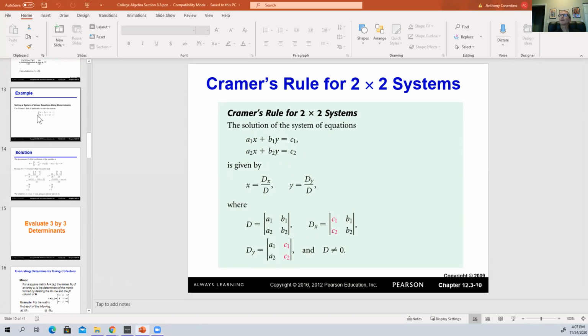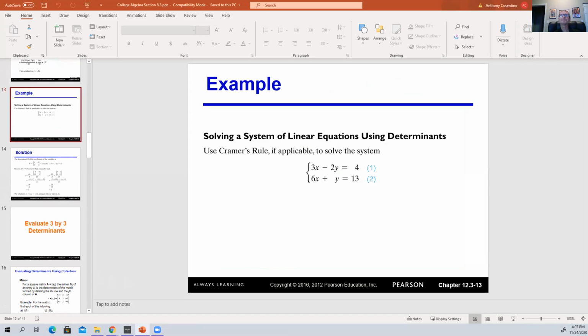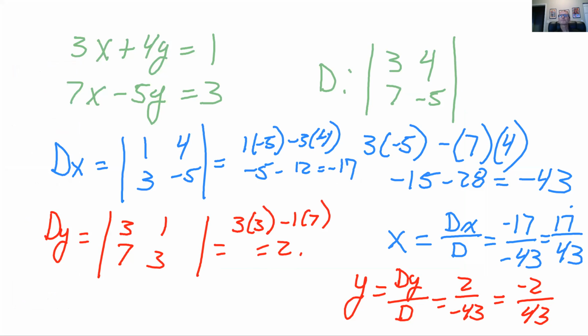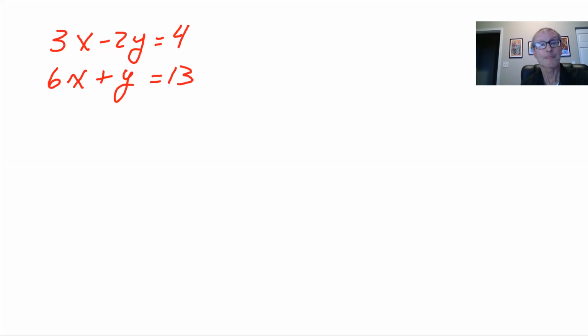So let's do one more example of a 2 by 2. And so here it is. Okay, so let's set this up. So the D determinant is the coefficient. And so the x coefficients are 3 and 6.